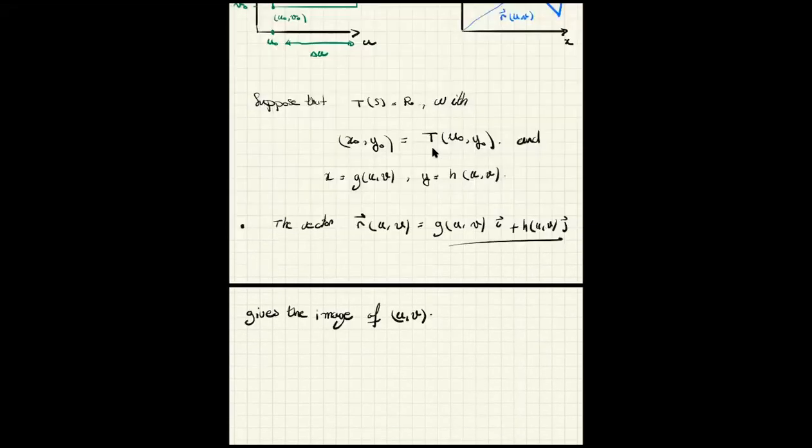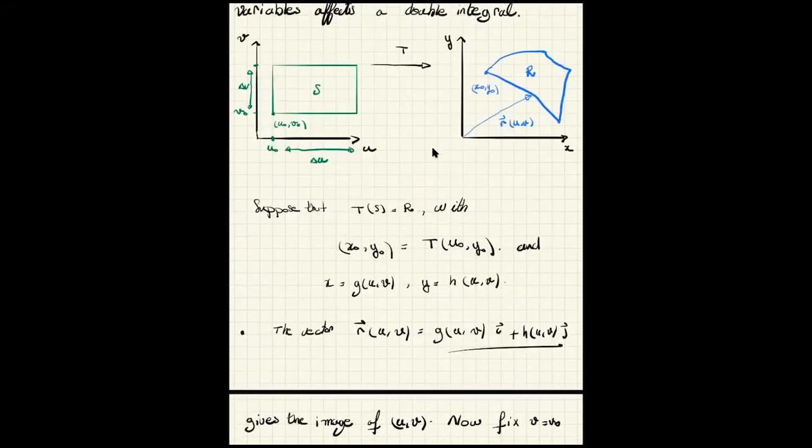Now fix v equal to v0, right? So when you fix v equal to v0, as you go over this line, you're taking the image of this boundary. And the image of this boundary will be given by this line here, right?